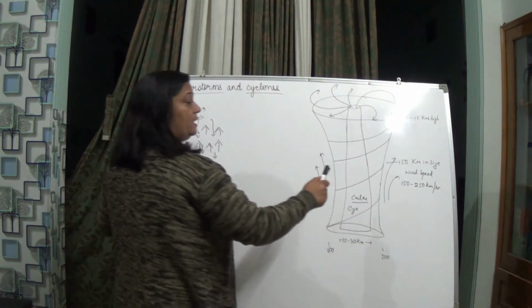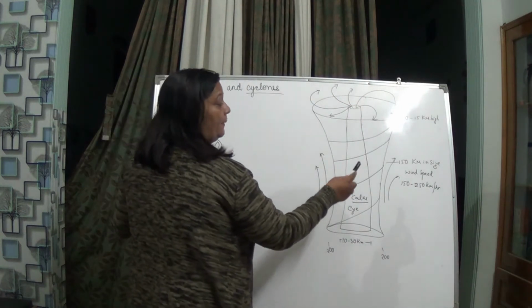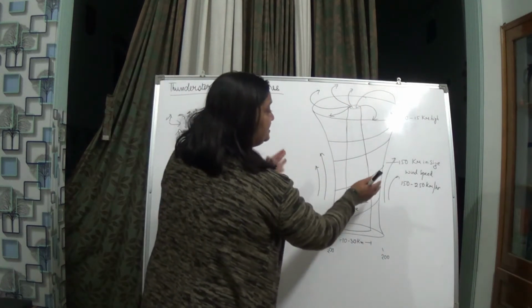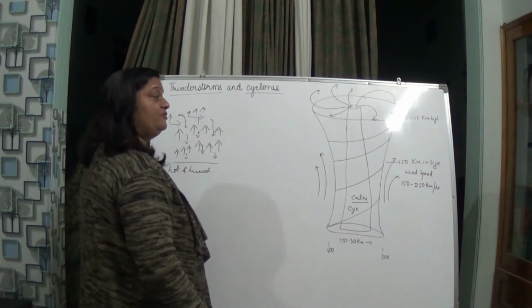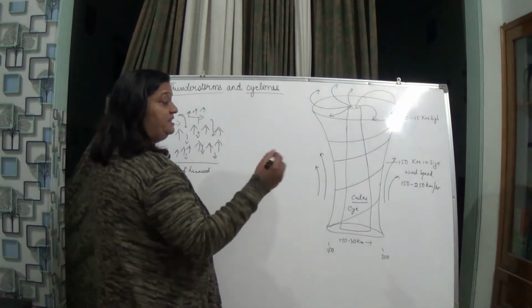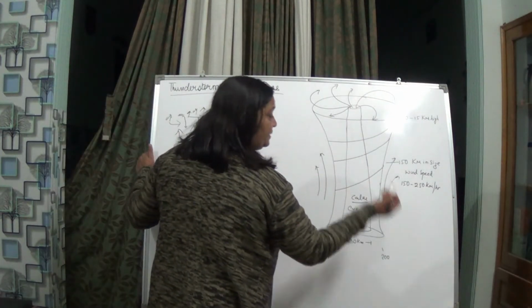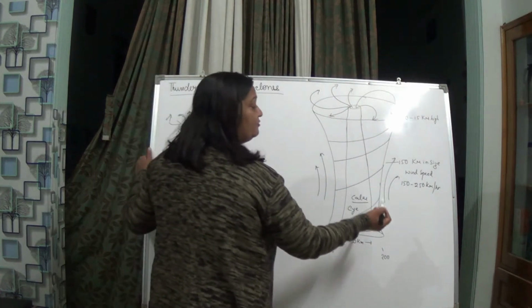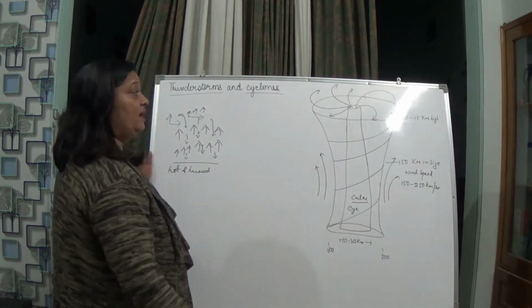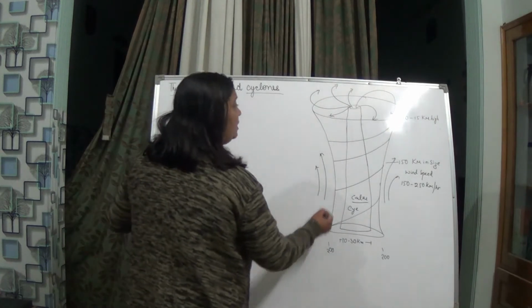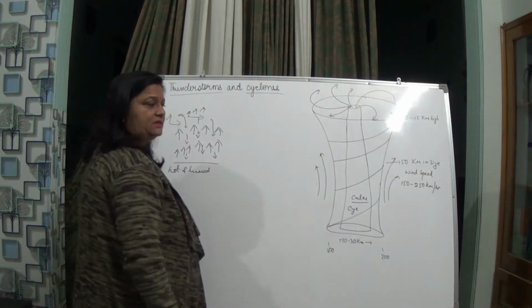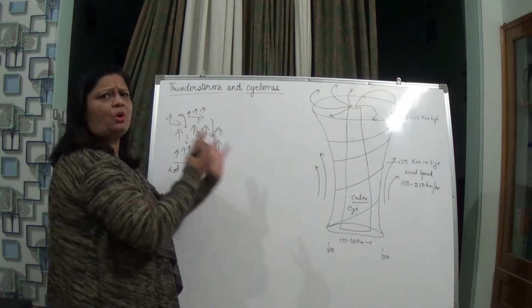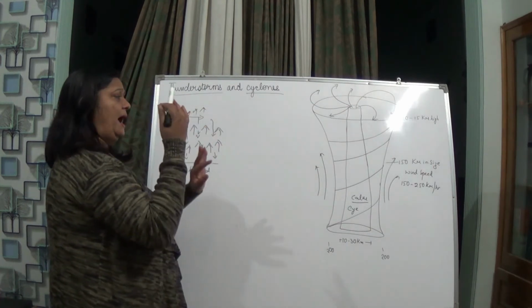And the size of this at the sides, we can say, is 150 kilometers, and the speed of this wind is 150 to 250 kilometers per hour. And if you talk about the height, it is 10 to 15 kilometers high. So such a strong wind is there.